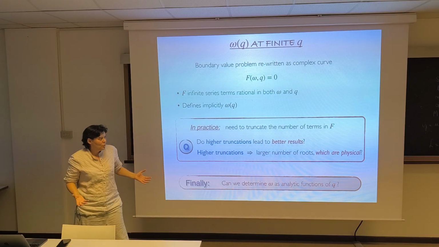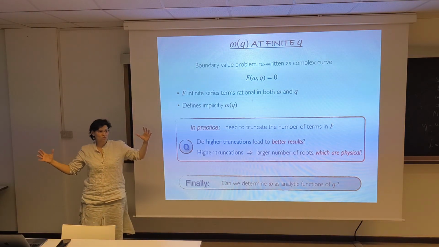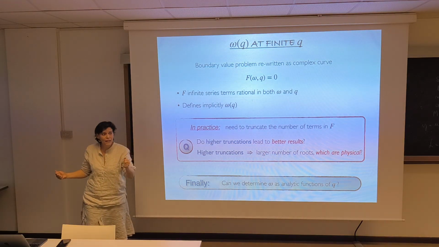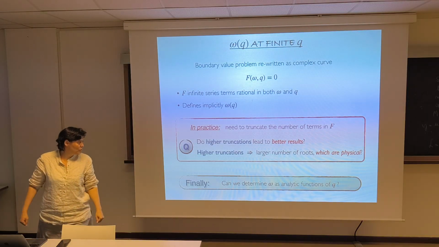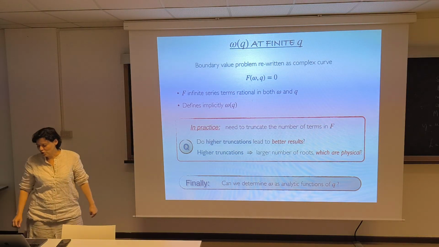So, which ones are physical? From this huge polynomial, how can I track the physical results, the physical quasi-normal modes? And of course, I would like to calculate omega as an analytic function of Q.